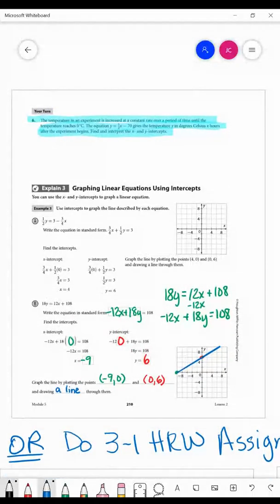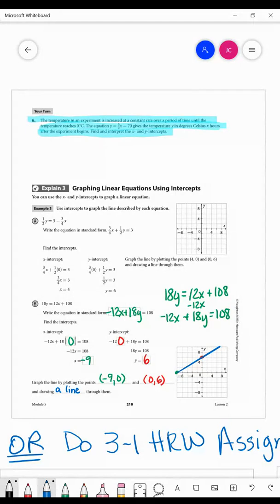Okay, the last problem is talking about using those intercepts to draw our line. So if we have an equation, it doesn't matter in what form it is, we can put 0 in for x and for y, solve for the other variable, and then we can plot our dots and draw a line.